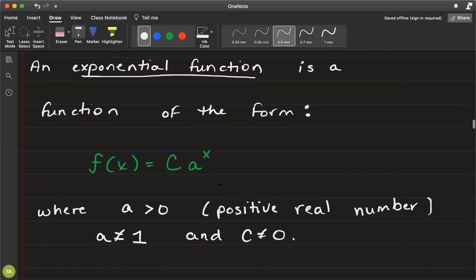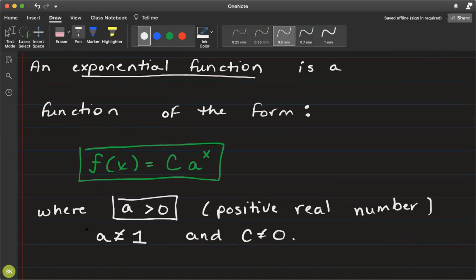So we're not going to get an exponential function there. So again, the exponential function takes this shape where a has to be greater than 0, so it's positive, but also a is not equal to 1, and the c, we don't want it to be 0. So that's the type of functions we're going to investigate in the next few minutes.